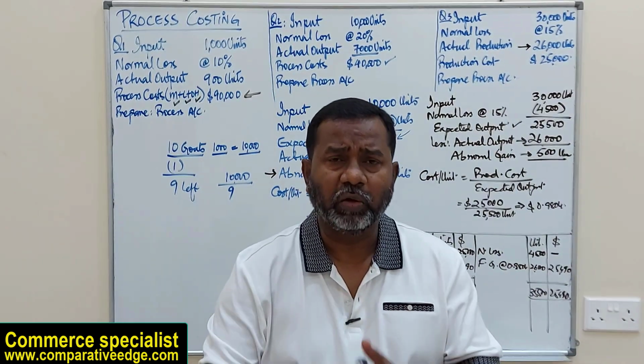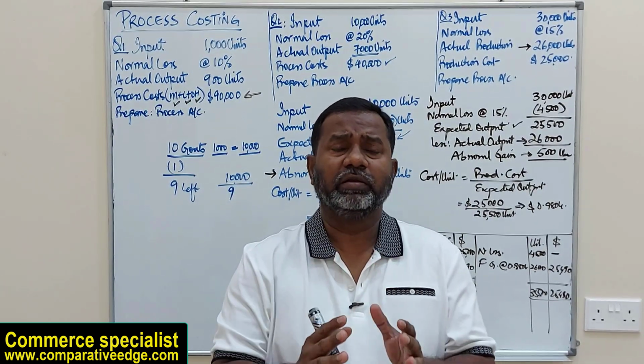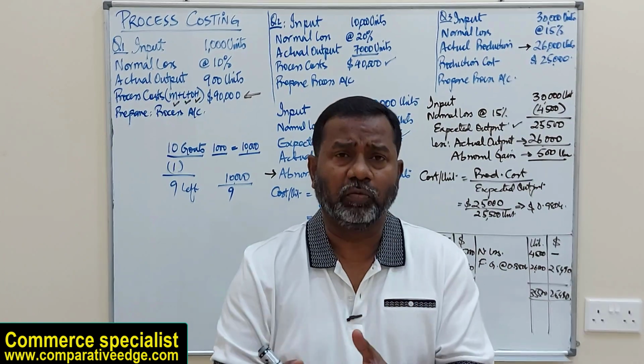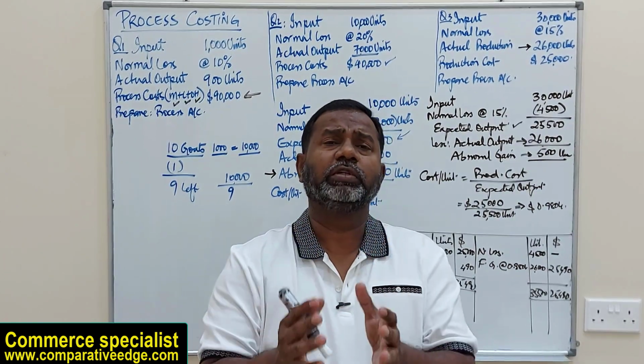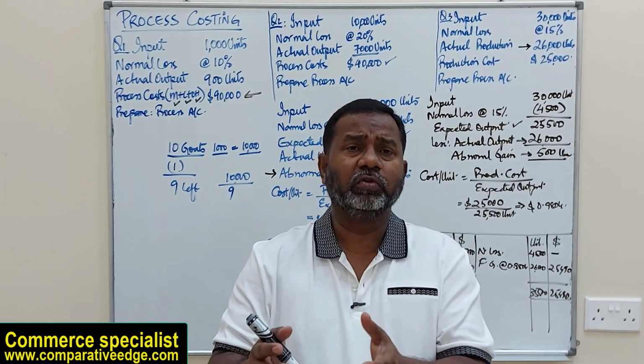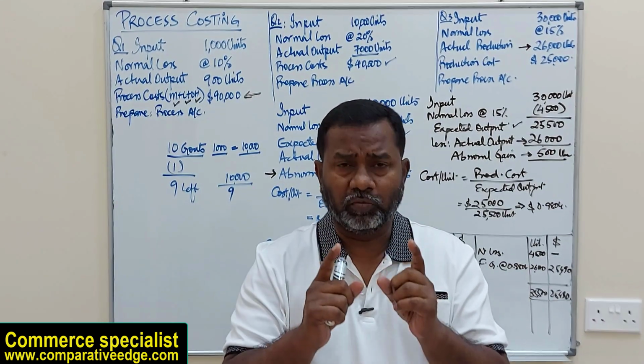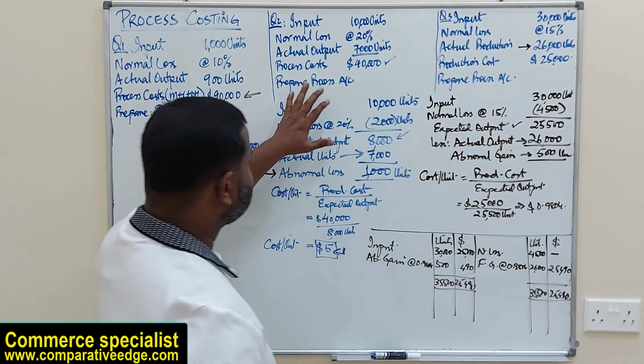Here a note of caution I want to tell you. Sometimes in examination, there is a scrap value for normal loss, which means the units which you have lost normally, you can sell those units at a throwaway price. So if there is a scrap value of normal loss given, everything will be the same.